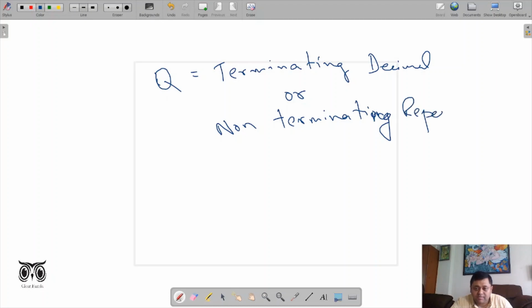On the other hand, the contrary is also true. If you find a terminating decimal or a non-terminating repeating decimal, it is also a rational number. So this is the end of rational numbers.